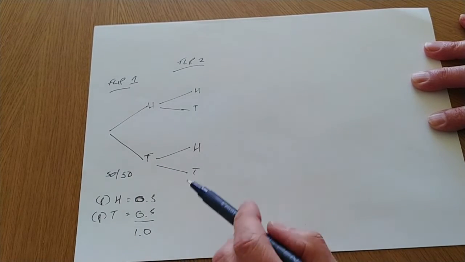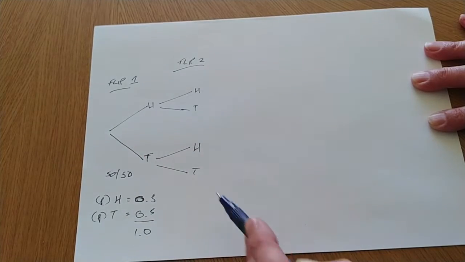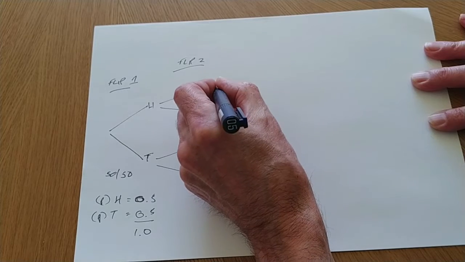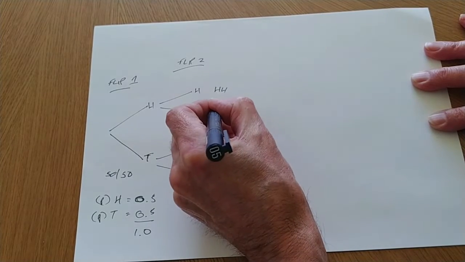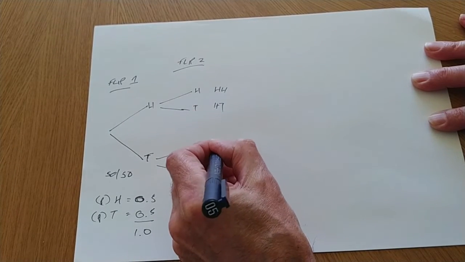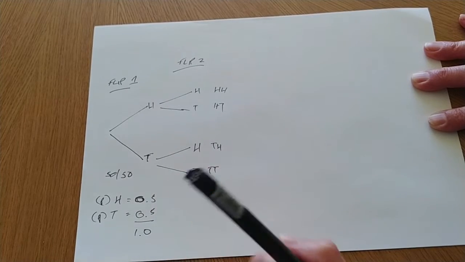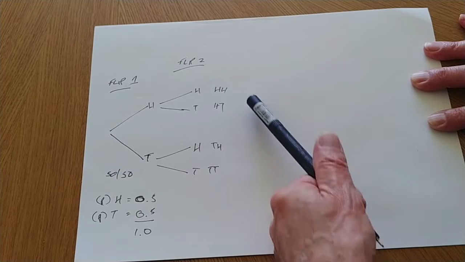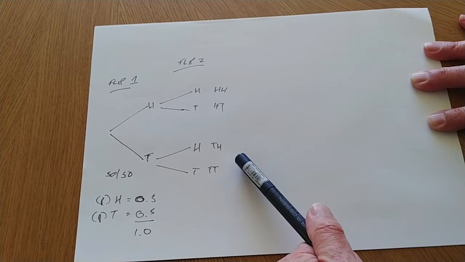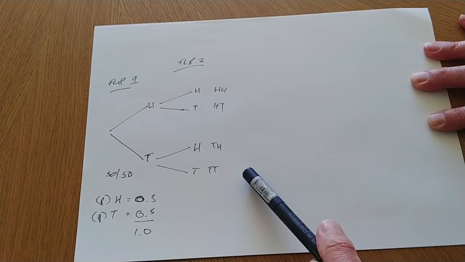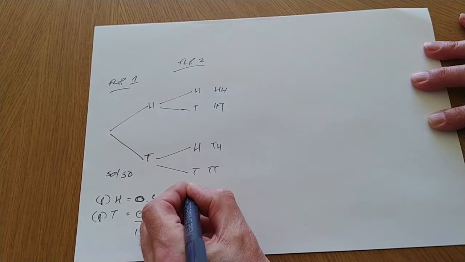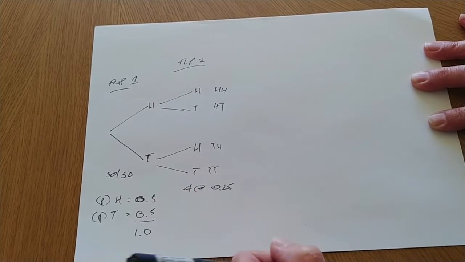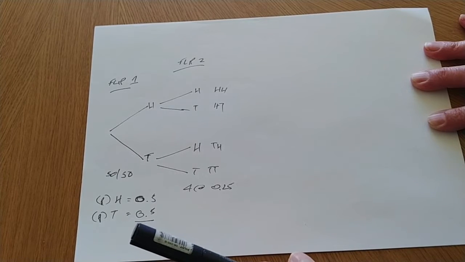What we've got, looking at the sequence of two flips together, is actually four outcomes: a head followed by a head, a head followed by a tail, a tail followed by a head, and a tail followed by a tail. In the first instance, we said that was 50-50. If these are all equally likely, then each of those four outcomes has a chance of 0.25 or 25%.